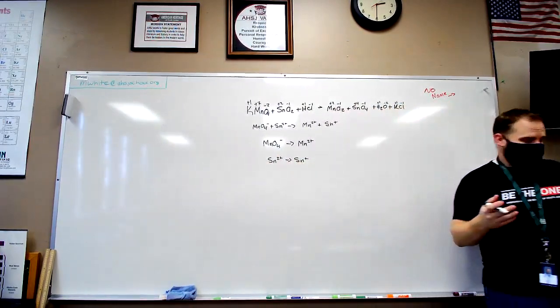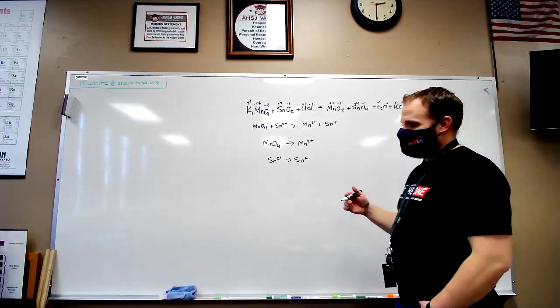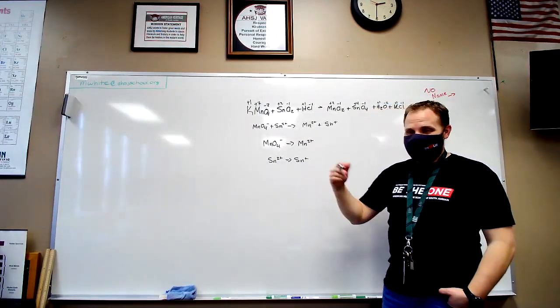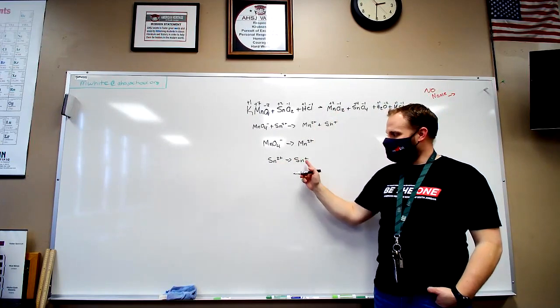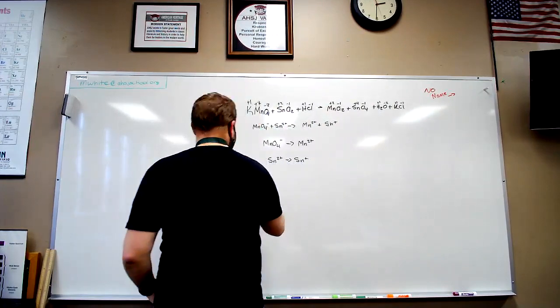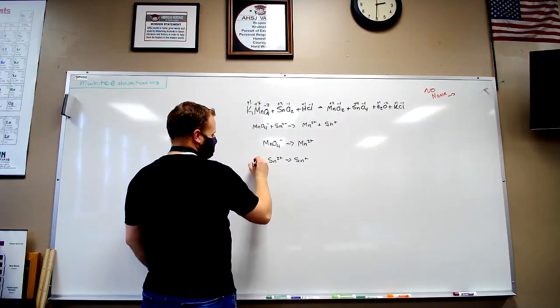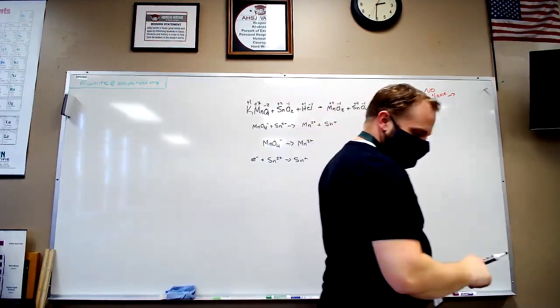So remember, when we're dealing with redox, we can use electrons to balance the charge. Okay. So we take whichever side is the higher number. This is +2, +1. We're going to add electrons until they equal out. Well, we only need one. Okay. We only need one electron.